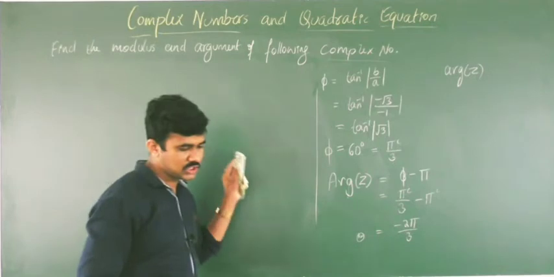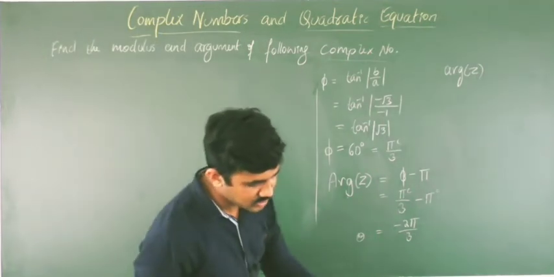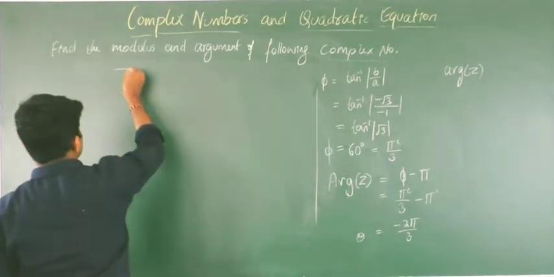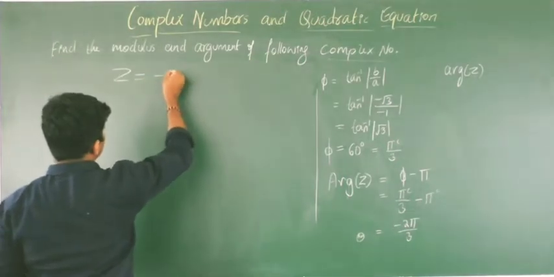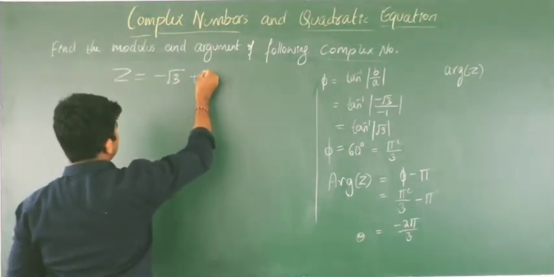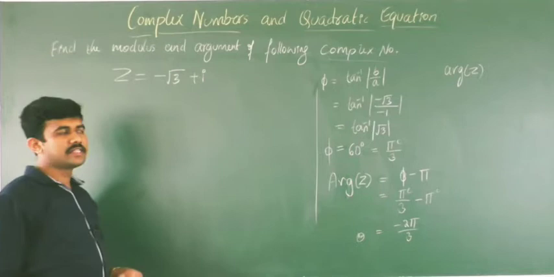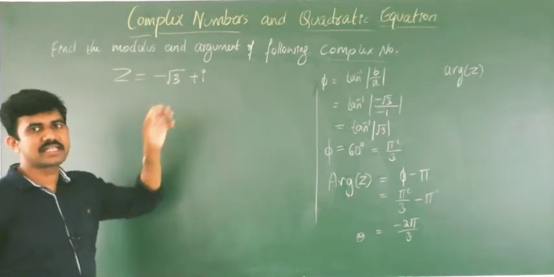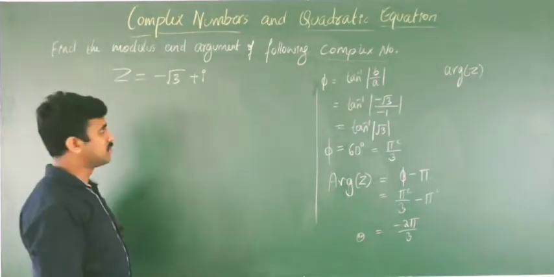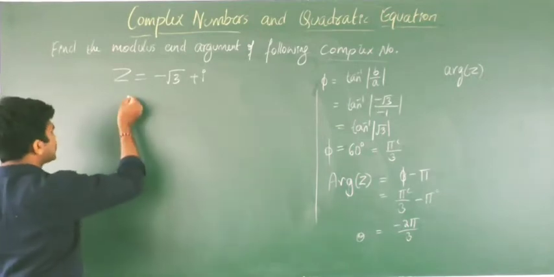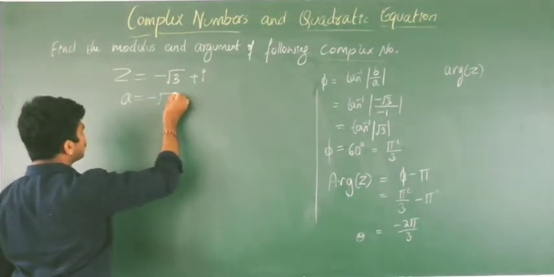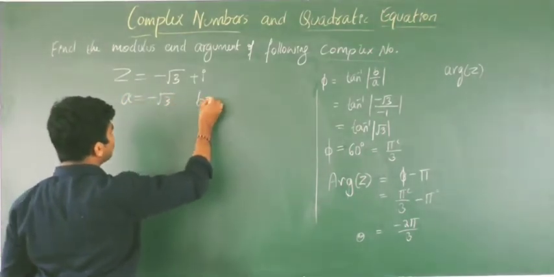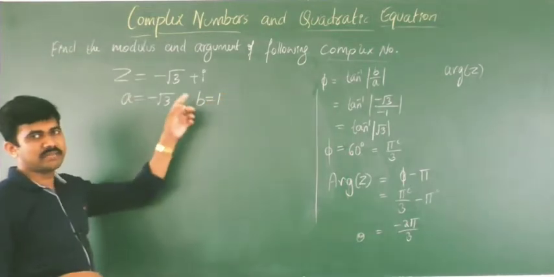So what is the next question we have? z is equal to minus root 3 plus i. Again the same task, we need to find the modulus and argument of this complex number. So here what is a? a is minus root 3 and b is the coefficient of i, that is 1.